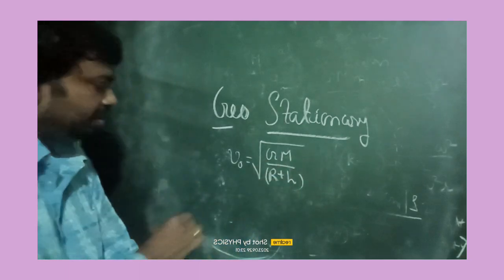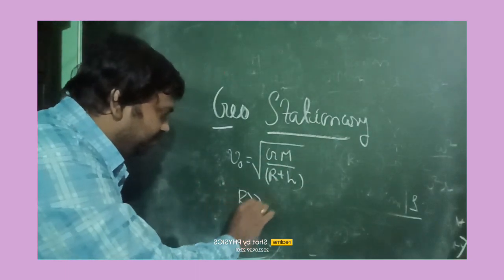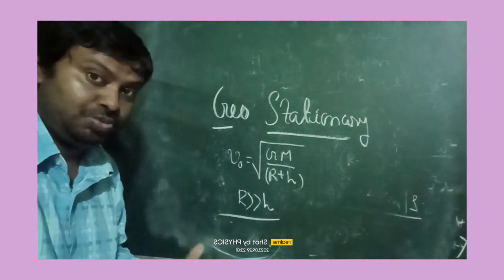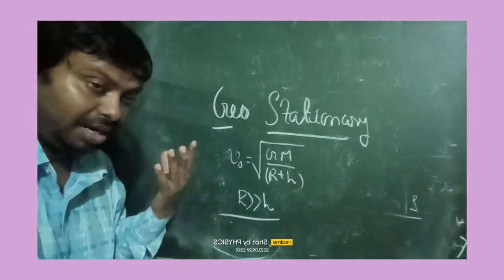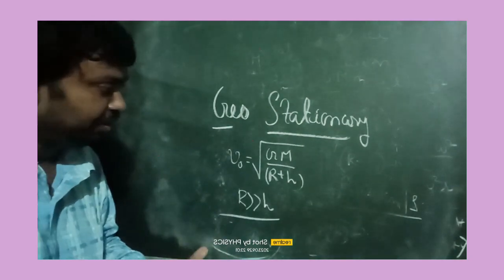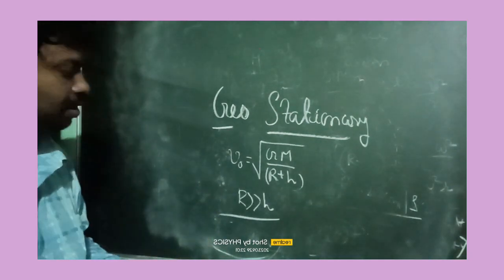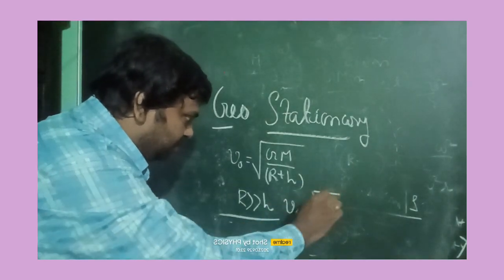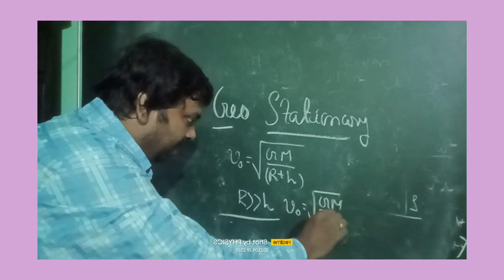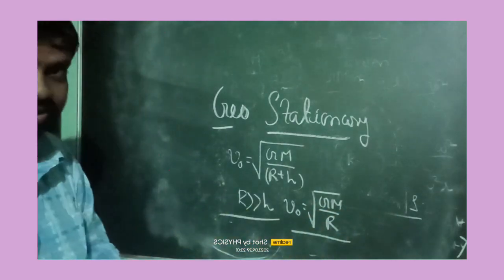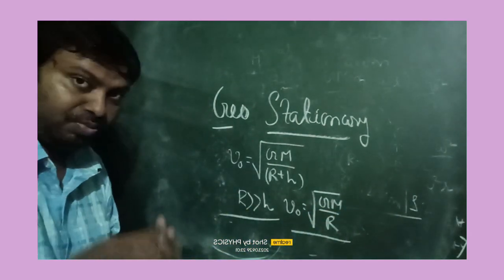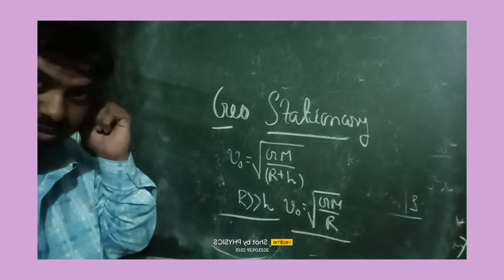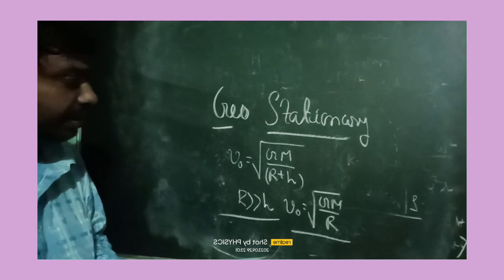Now if the capital R is much greater than small h, that is, the altitude of the artificial satellite from the Earth's surface is between 100 kilometers to 120 kilometers, the orbital velocity expression becomes V0 is equal to under root GM by R. And for what purposes are the geostationary satellites used? Number one, for the transmission of waves, etc.